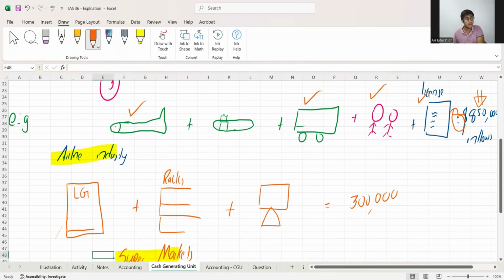It can be their airplanes, their motor vehicles used to transport the passengers and the employees, and also trade licenses, which is an intangible asset, right? Now, all of these assets, tangible plus intangible, are accumulated together. They work as a group and they will generate a cash inflow of 850,000.